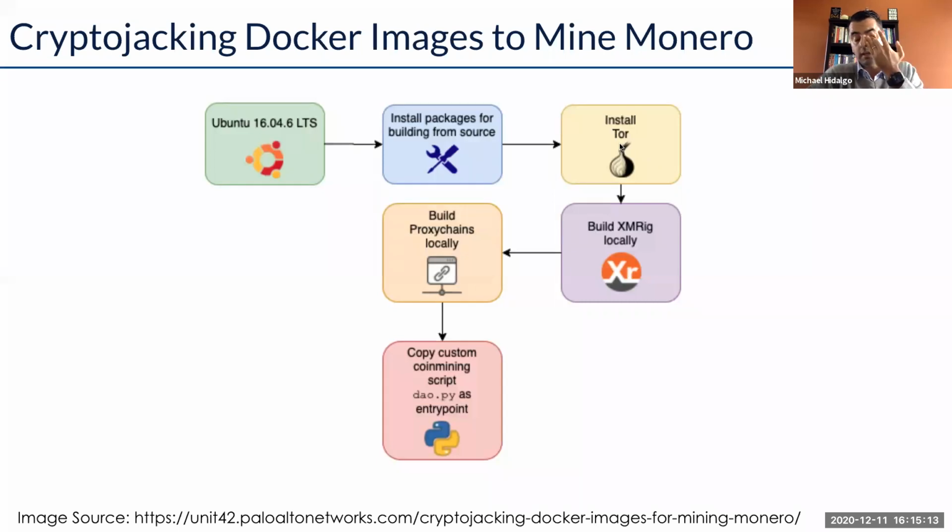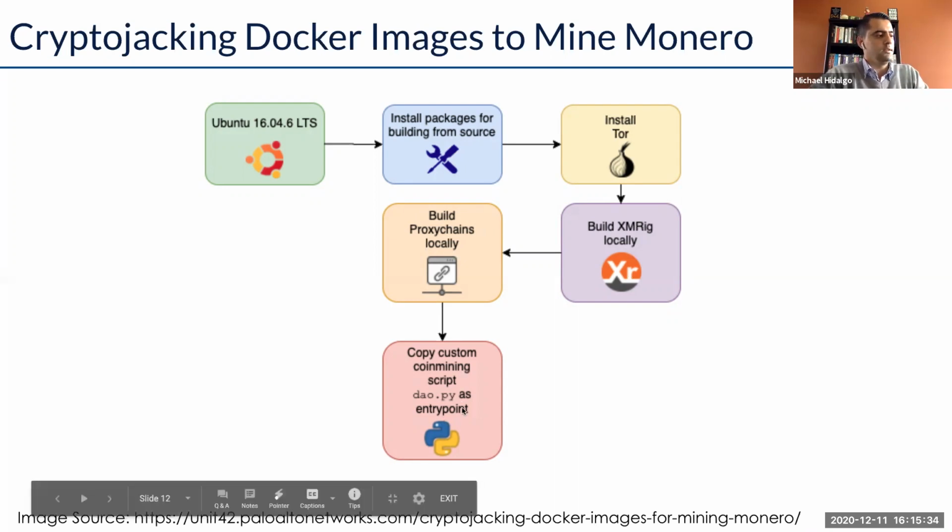With Tor, what they are trying to do is avoid any sort of detection. After that, they were downloading this project, XMRig, which is for cryptocurrency mining. Then they deployed a proxy chain during the process.